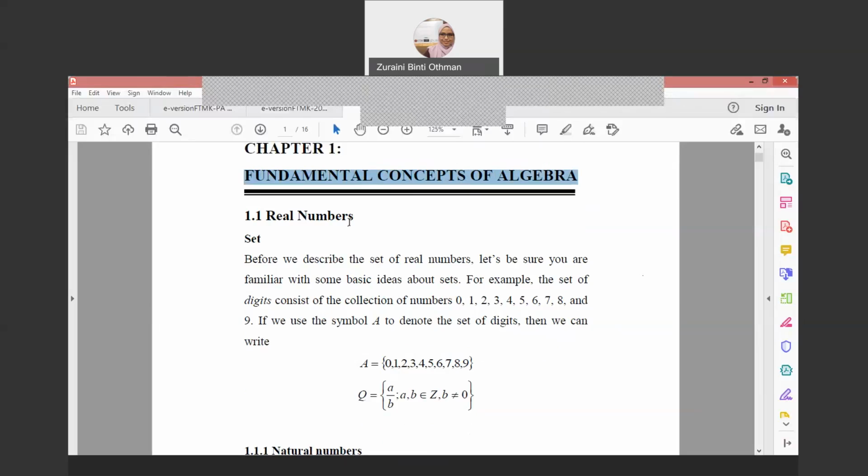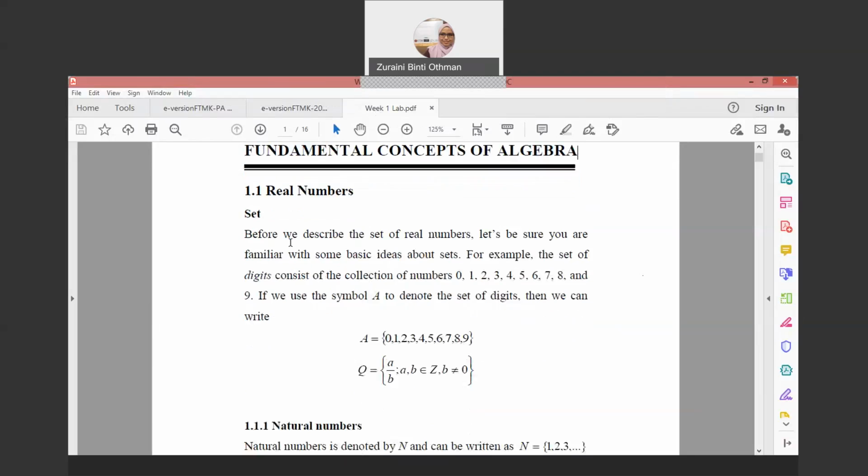So now first is real number. Set of real number described by all number including 0, and it also includes negative number, positive number. In this world there is another number beside real number.